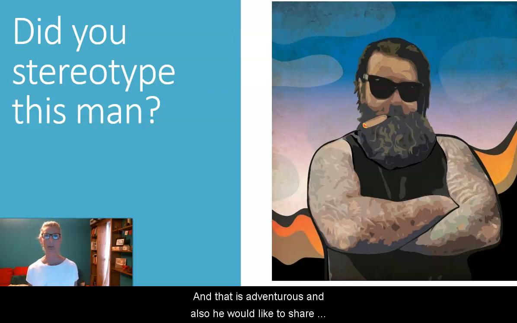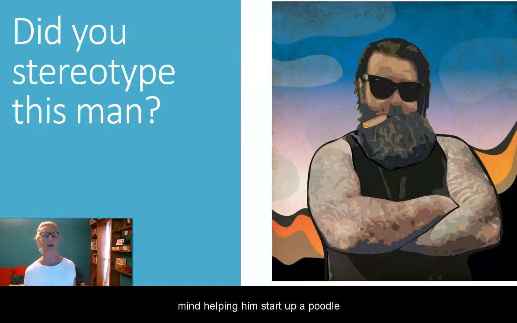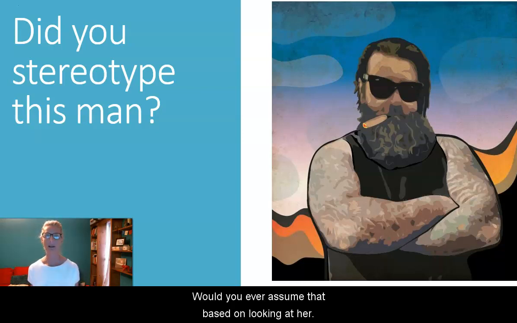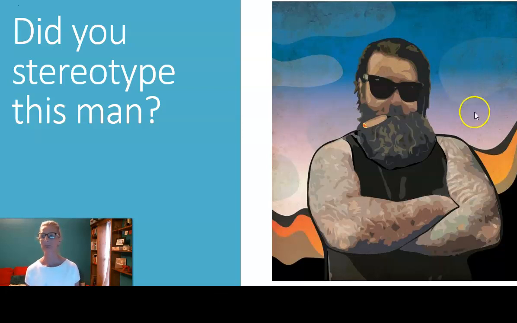And also he would like to share his time with someone that would enjoy the same activities and interests that he does, and also wouldn't mind helping him start up a poodle breeding business. Would you ever assume that based on looking at him? Probably not. Case in point. Stereotyping gets us into trouble.